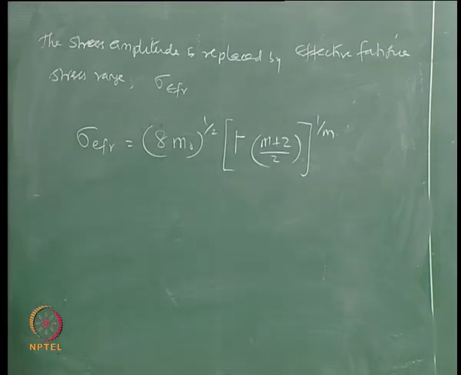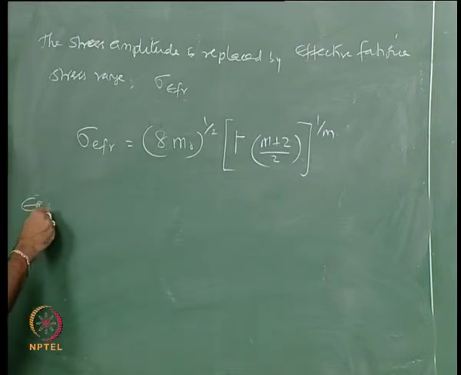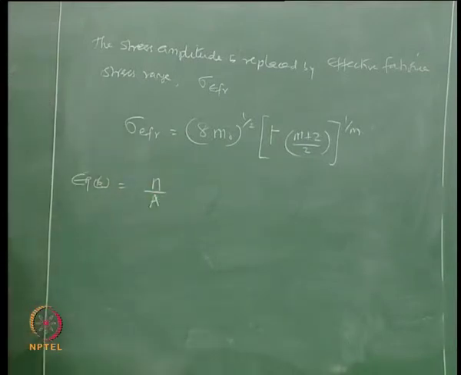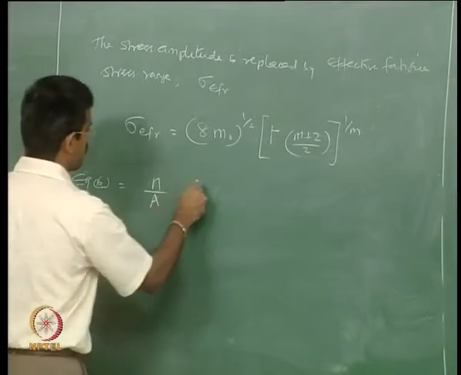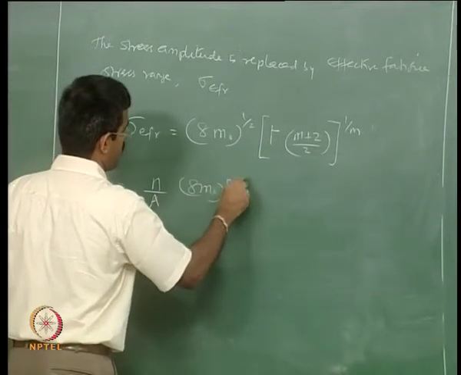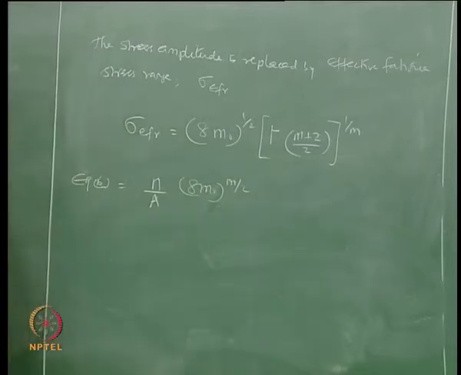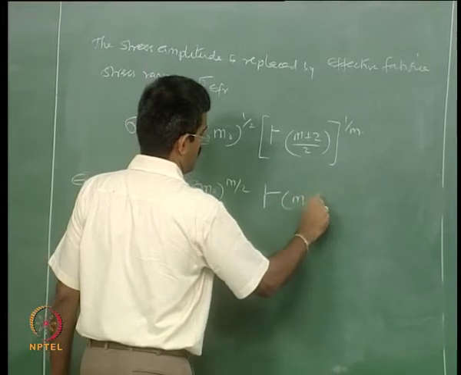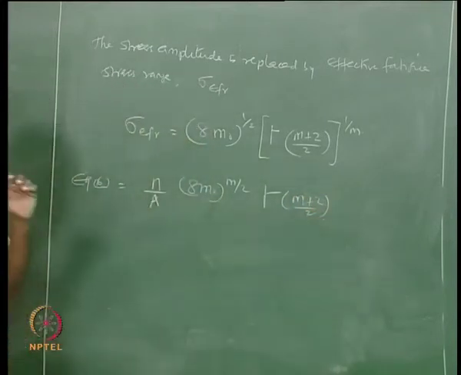Look at equation 6. Equation 6 I am writing for our understanding. Equation 6 was n by A, 8 m0 raised to the power of m by 2, gamma of m plus 2 by 2, is it not?